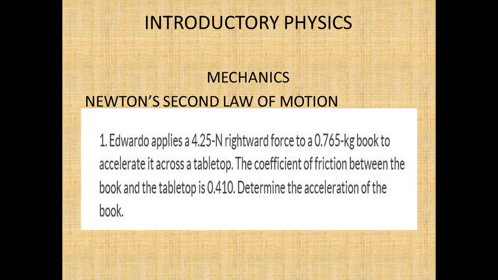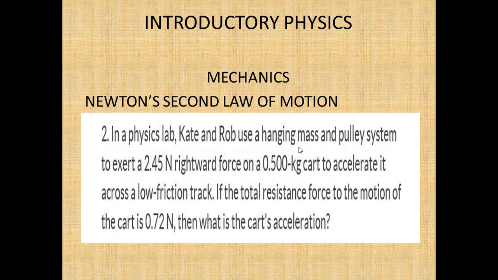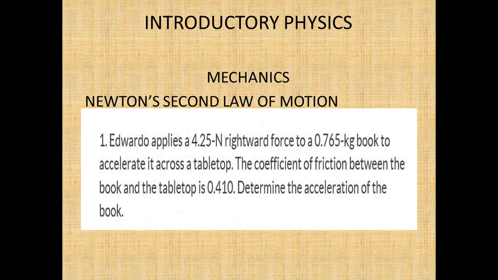You're going to slide it across the tabletop. The coefficient of friction between the tabletop and the book is 0.410, and they want you to determine the acceleration. So let's draw the free body diagram.